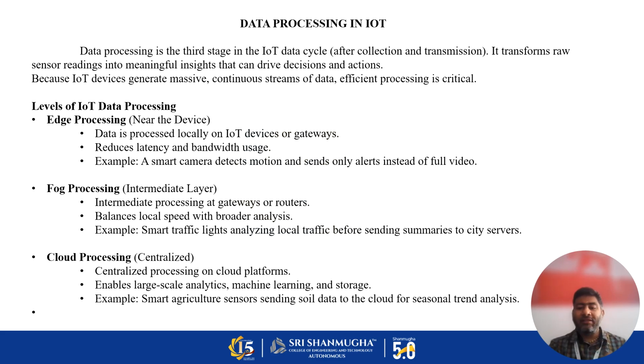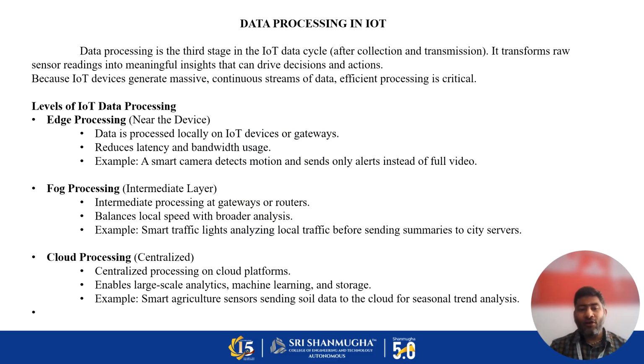If there is a change in movement, it will only give you an alert that there is some movement in your area. Once you receive that alert, if you want to see the movement, you can log into your server and look at it. Therefore it reduces the amount of data it sends. It will only send you an alert.